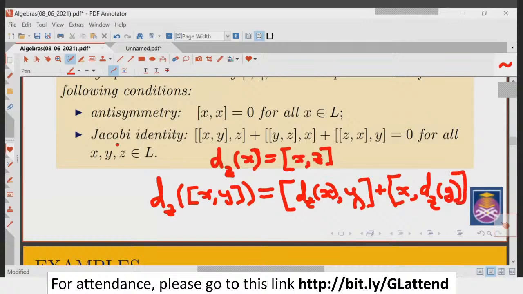So this Jacobi identity is equivalent to this right multiplication operator being a derivation.